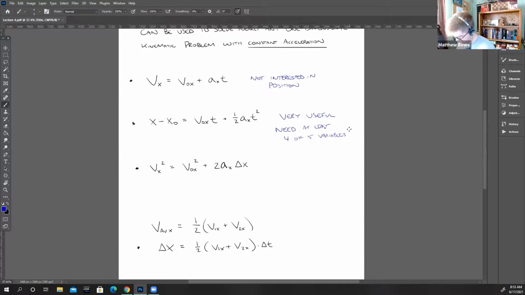That means if you do have 4 of 5, you could solve for any other one that is missing. This one right here, if you're not interested in time. And the last one, if you're not interested in the acceleration.